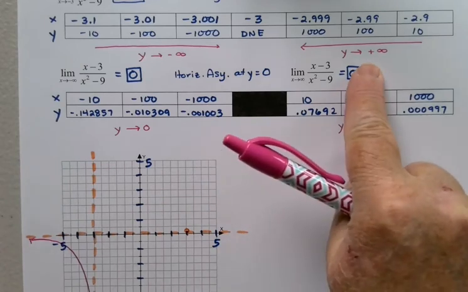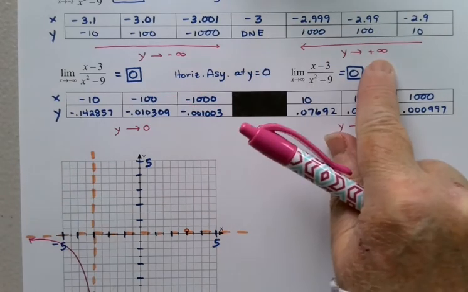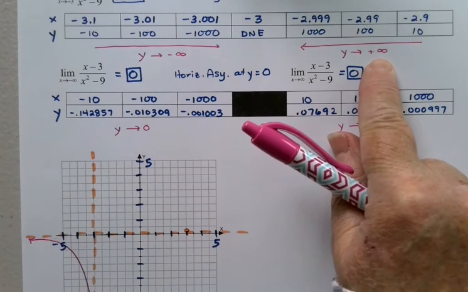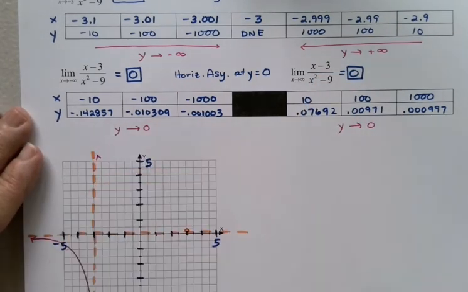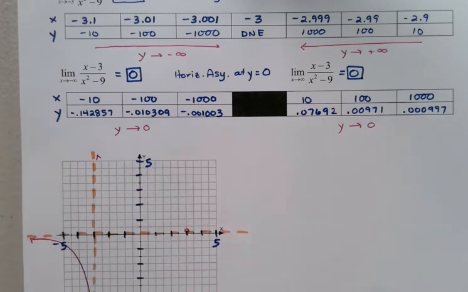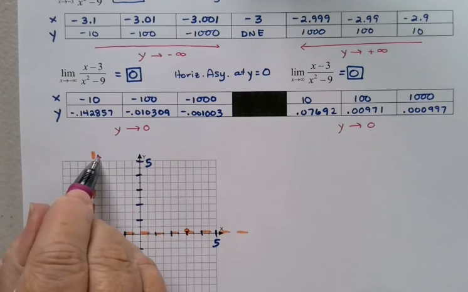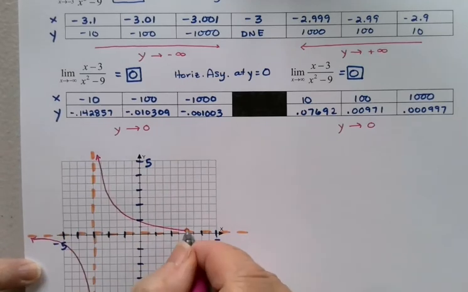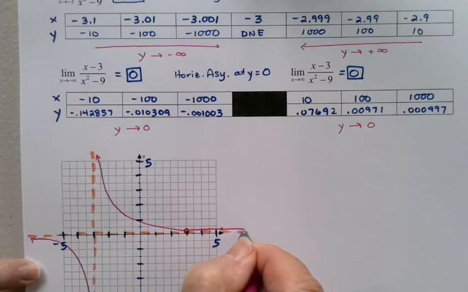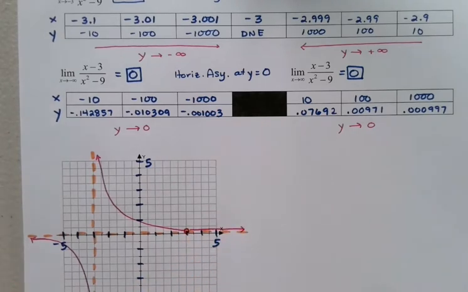Approaching negative 3 from the right, my limit was positive infinity, so I should be going up along the vertical asymptote on the right-hand side. Then I'm going to come on over and aim for that little hole in the graph. I'm going to skip over that, and then just stay really close to that horizontal asymptote.